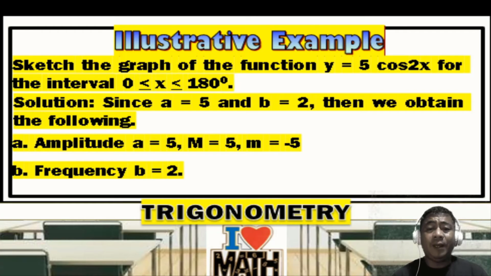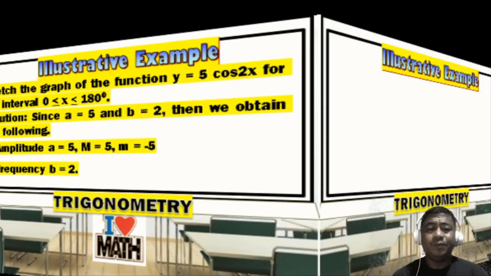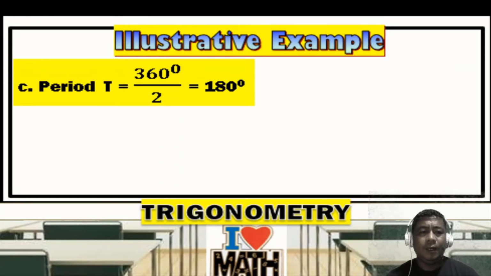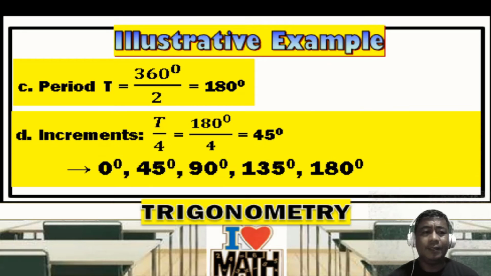Frequency is simply the value of b, which is equal to 2. The period T is equal to 360 degrees over 2, which is equal to 180 degrees. The increments T over 4 is equal to 180 degrees over 4, which is equal to 45 degrees.